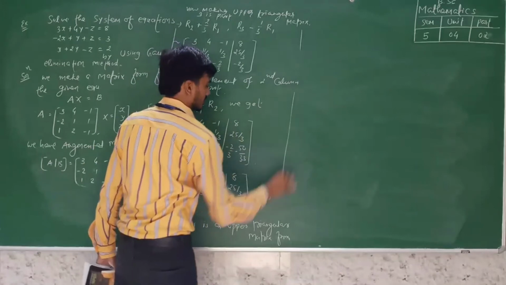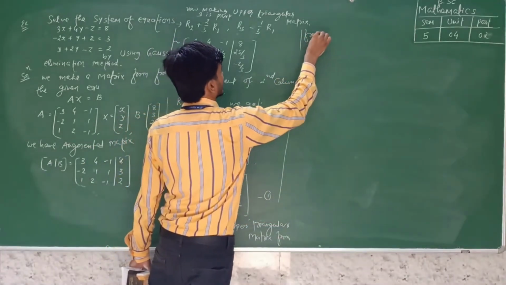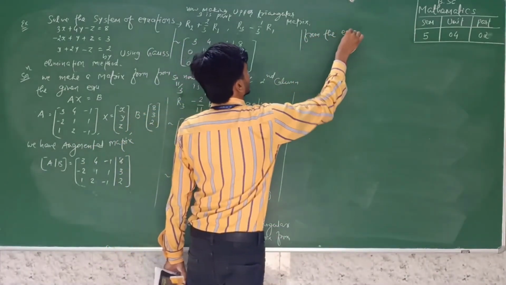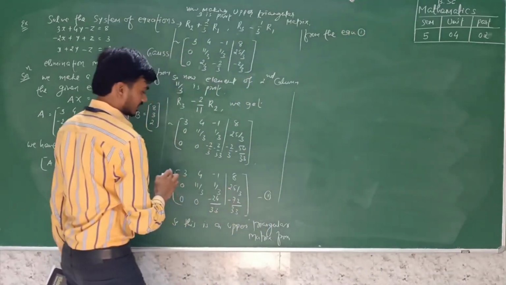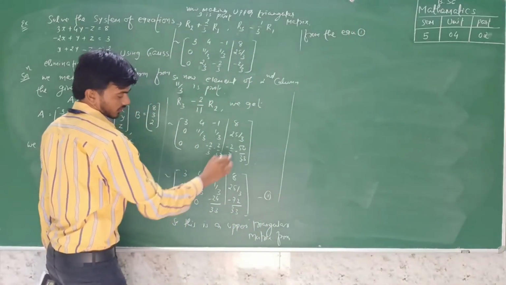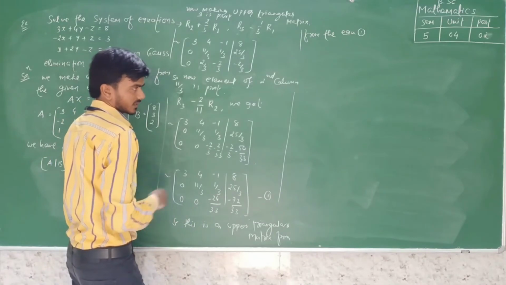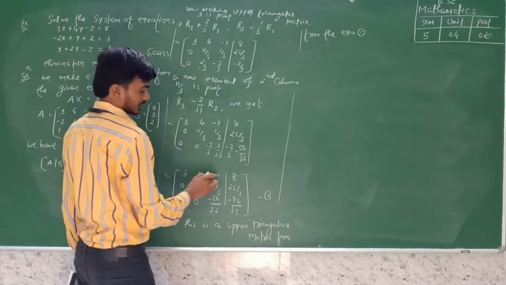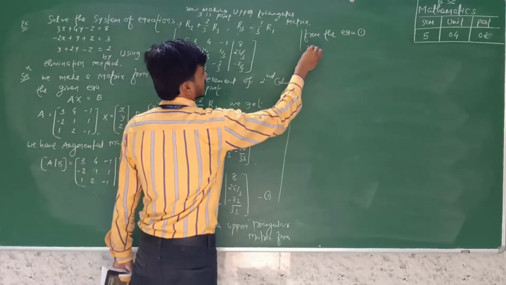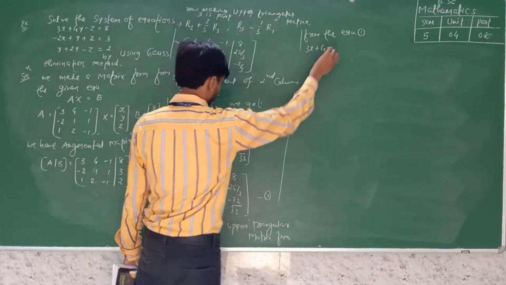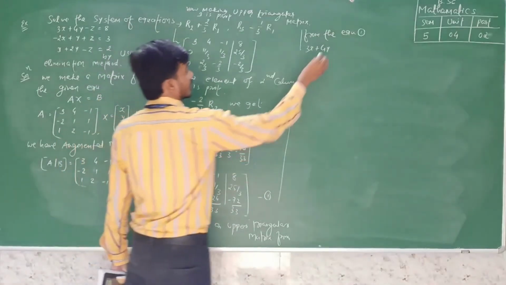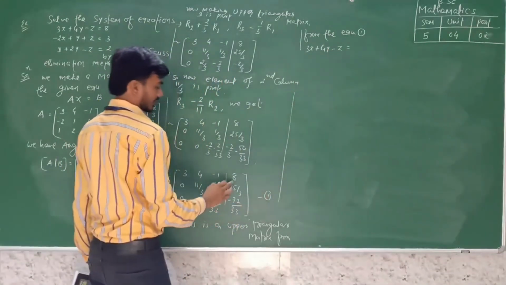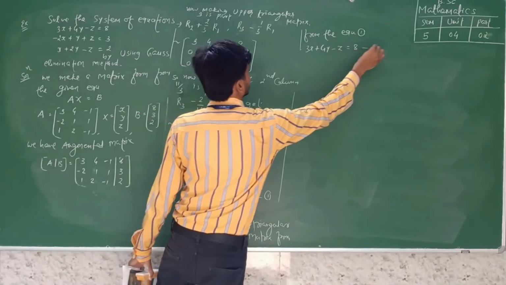So from equation 1 we can directly write this, taking the first row and first column, x, y, z. From equation 1, 3x plus 4y minus z equals 8.